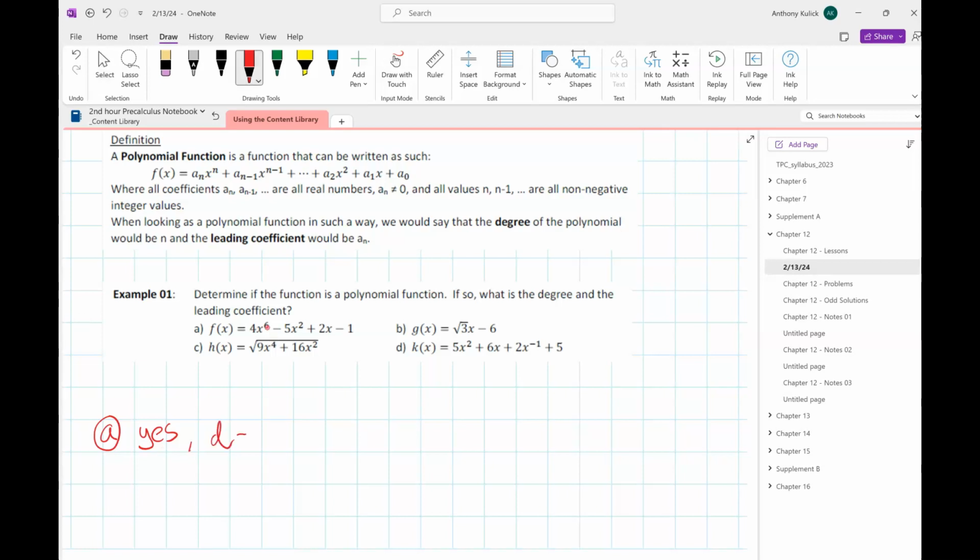What's the degree? 6, the biggest exponent. What's the leading coefficient? 5 is incorrect. 4. It's the coefficient on the biggest degree term. Everybody feel okay?